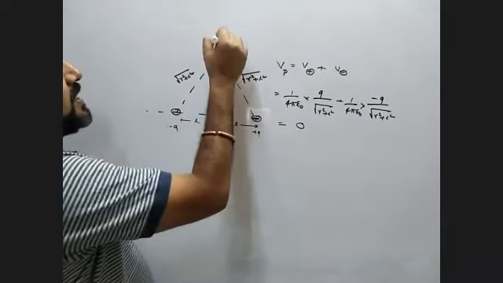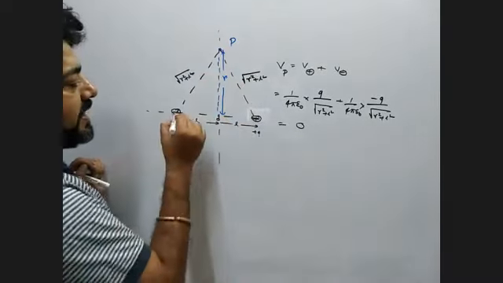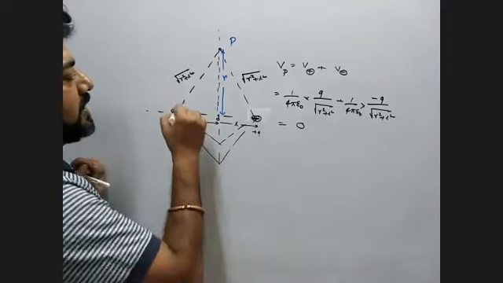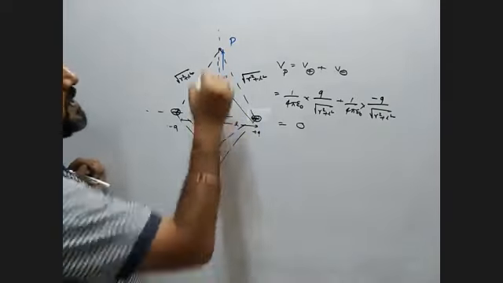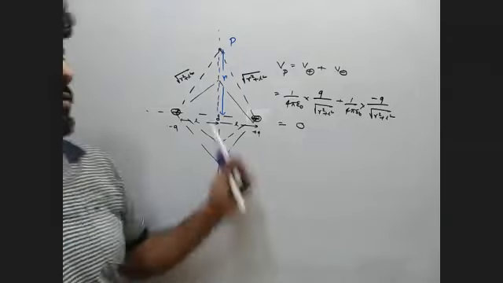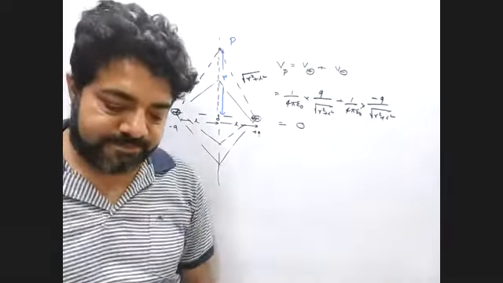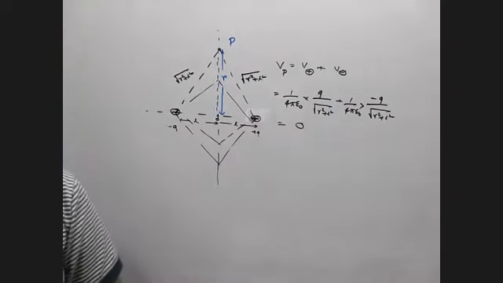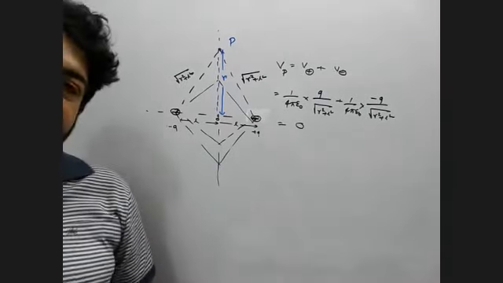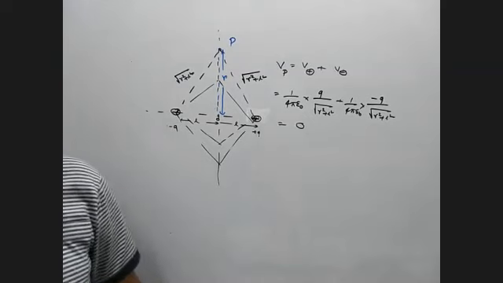So what we can realize, at any point on this line, the net potential is 0. So potential is a scalar quantity. So net potential on the equatorial line is 0. Is it clear? Everyone, is it okay? You can note down.